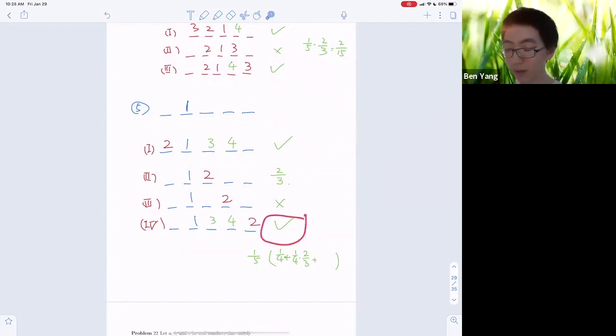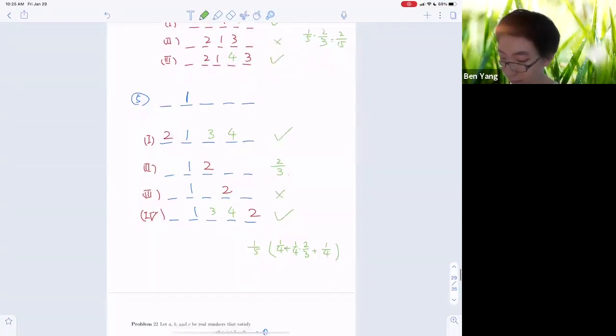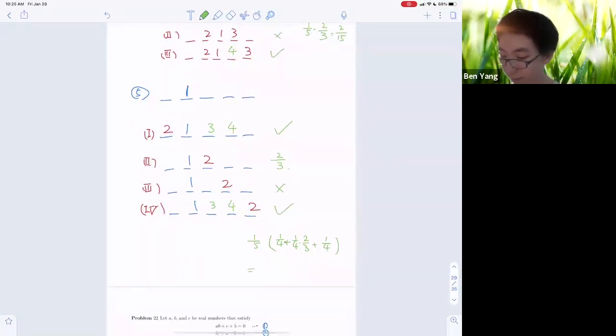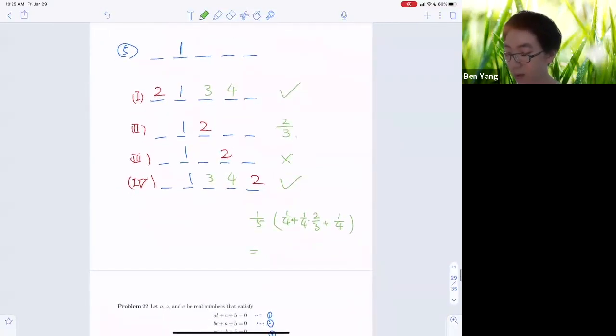And here is another 1 over 4. All right, let's compute it. So it's 1 over 5 times 1/2 plus 1/6. So 1/2 plus 1/6, that's 2/3. 2/3 times 1/5, that's 2/15.